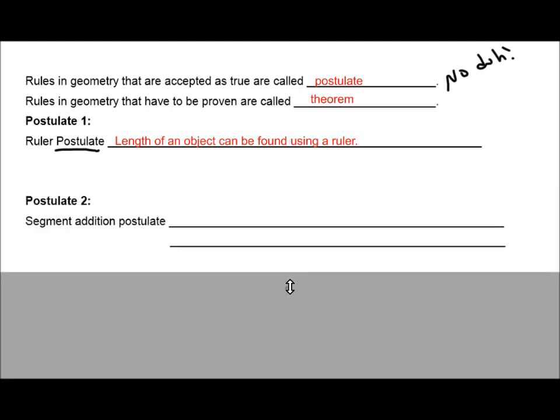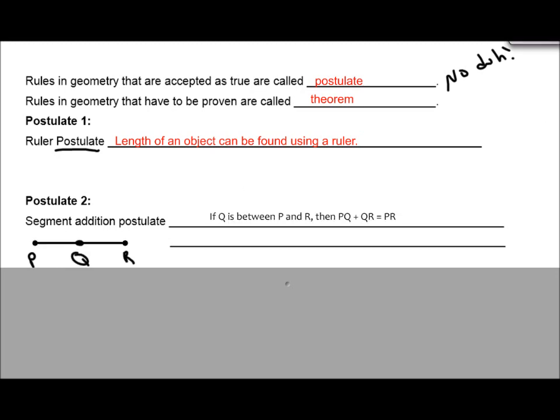The segment addition postulate is a really big one, and it's going to sound really complicated, but once again, it's just a no-duh. It's just a simple rule that is there to follow, and it makes sense. It makes logical sense that we follow it. So a segment addition postulate, let's just say that you had a segment PQR.